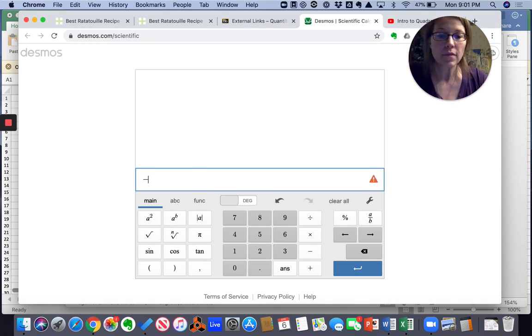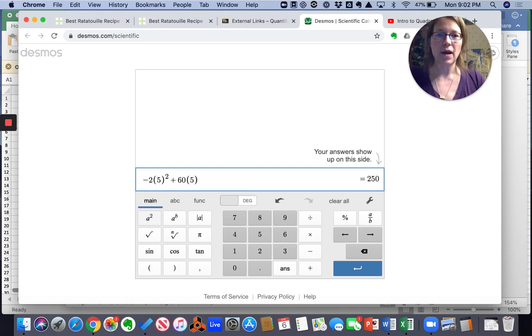So negative 2 times, let's start with 5 feet, 5 plugged in for x squared, plus 60, plug in 5 for that other spot where x is.